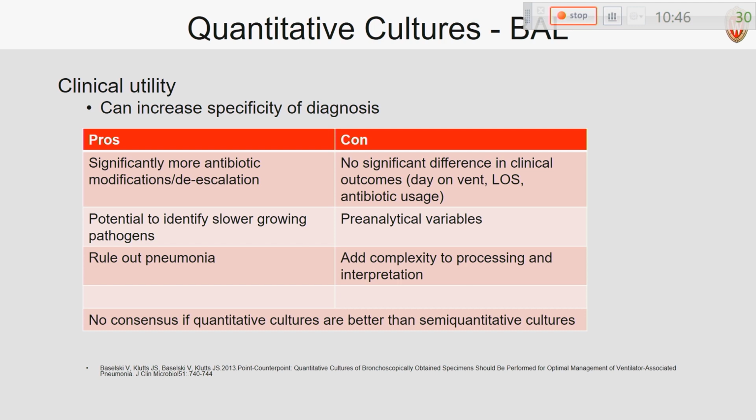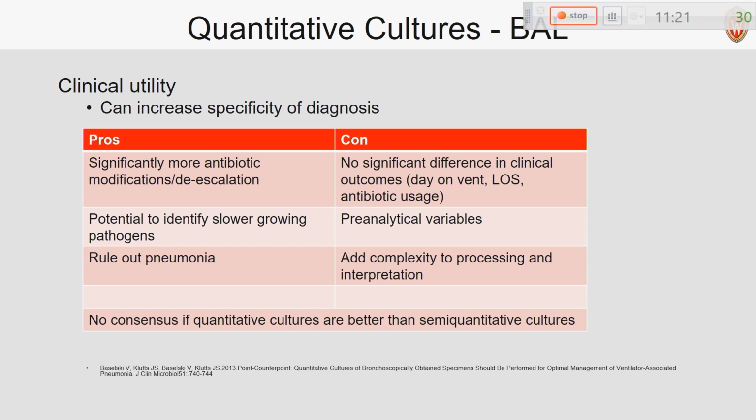Some of the pros they listed were that you can do more antibiotic modifications or de-escalations, basically by finding out that a patient doesn't meet the threshold, or the colony count doesn't meet a threshold, and they can deem that it's not a pneumonia and de-escalate. Potential to identify slower growing pathogens. They didn't really expand on this one, but I'm assuming that as you dilute out the normal flora, you might be able to see some of those slower growing pathogens better. And then again, with the de-escalation, being able to rule out a pneumonia.